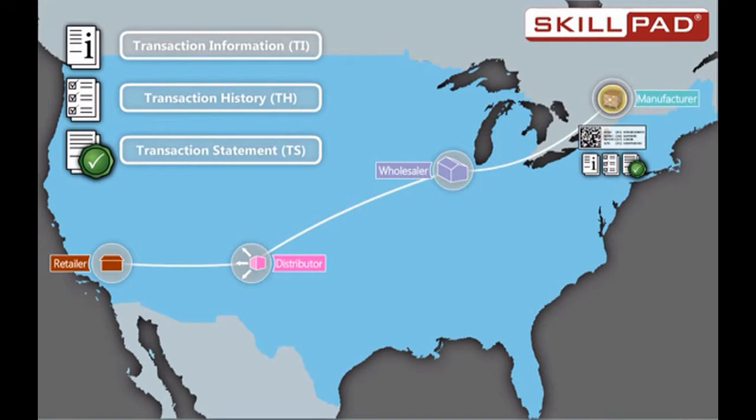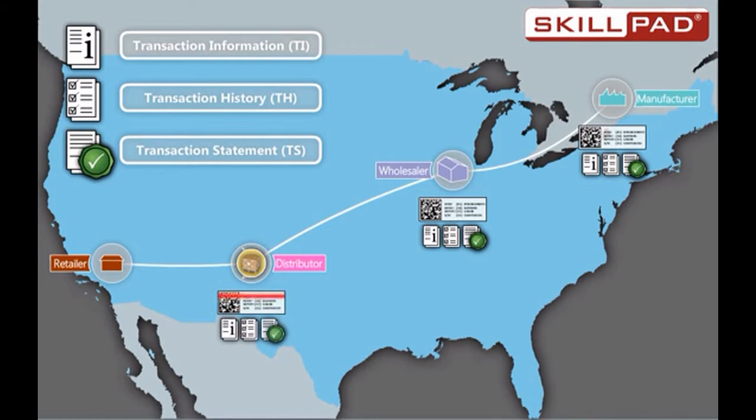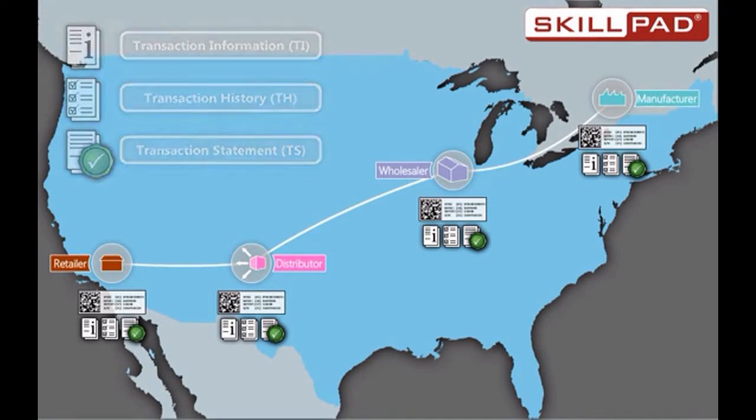Drug products that are shipped into the United States move between the manufacturer, wholesaler, distributor, and dispenser. Manufacturers and supply chain companies must supply the transaction information, history, and statement for each change of ownership of the drug product. Click on each term for more information.